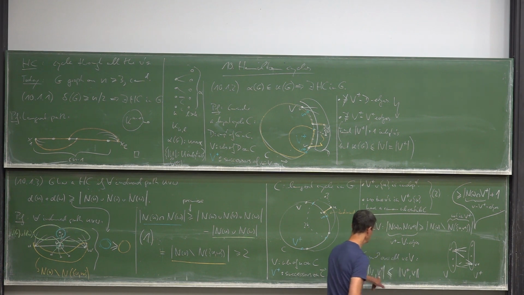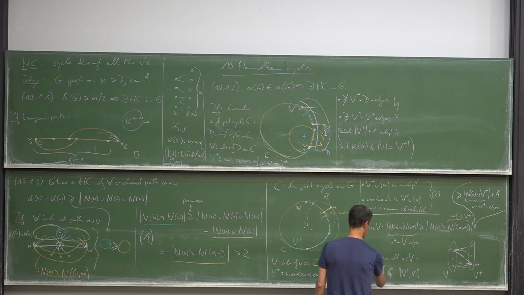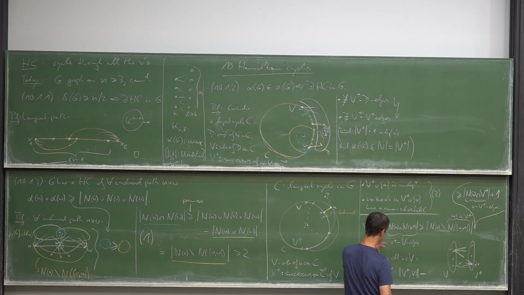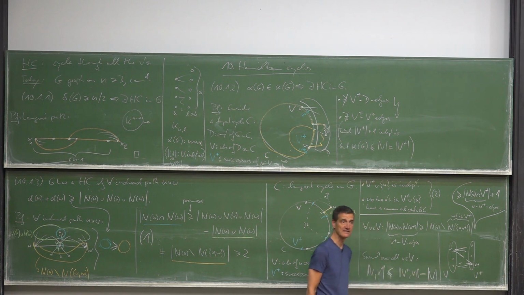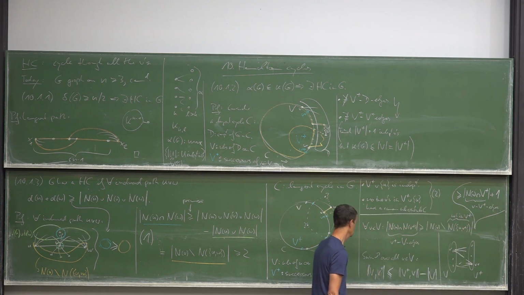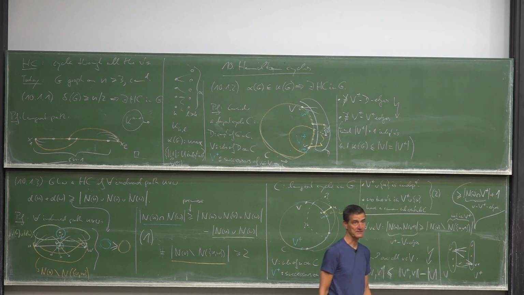Right? V plus, that's these here, plus 1 is at most this. So minus 1, but when we sum over all little v, then we're counting every little v once here. So this is a contradiction that completes the proof.